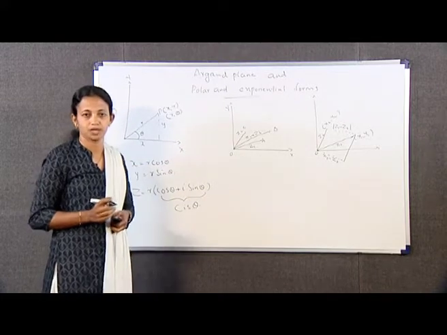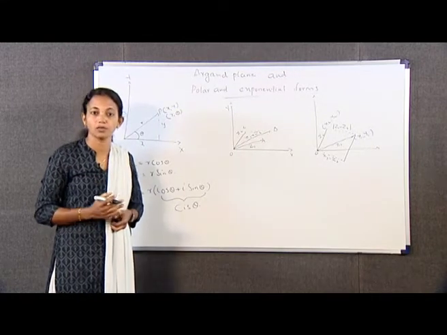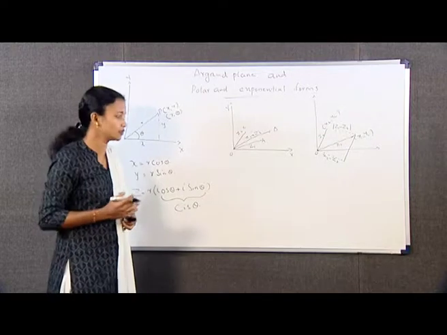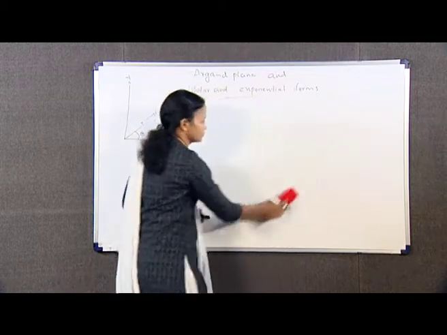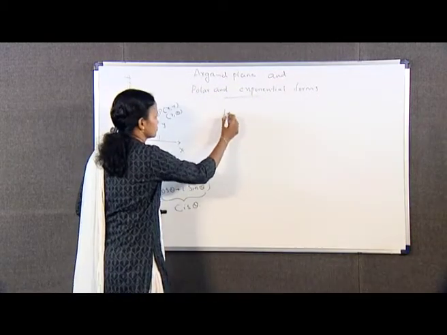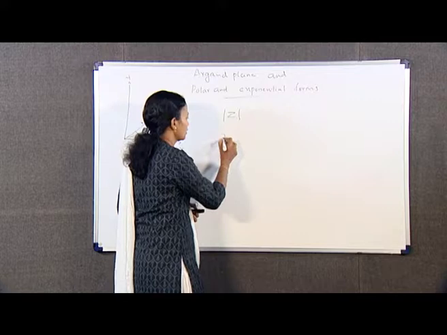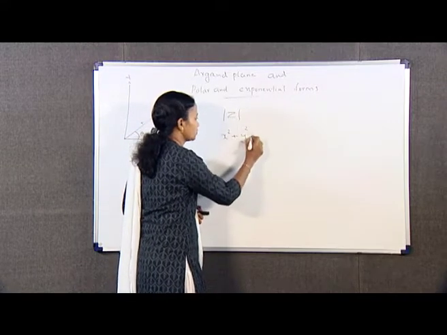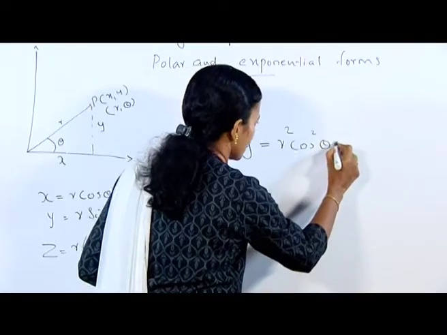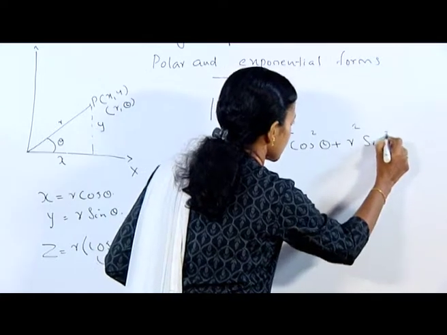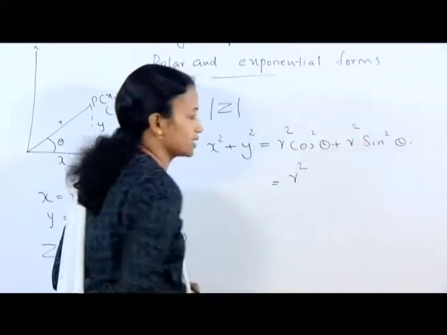Cis theta. The non-negative number r is called the length or absolute value or modulus of z, and it is denoted by mod z. And it is obtained as follows, that is x square plus y square is equal to r square cos square theta plus r square sin square theta, which is equal to r square, since cos square plus sin square equal to 1.